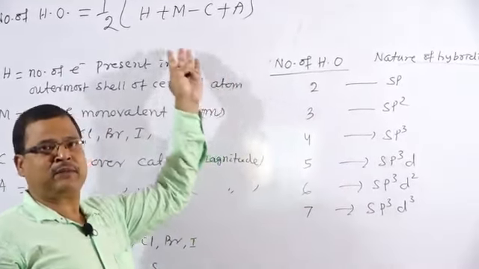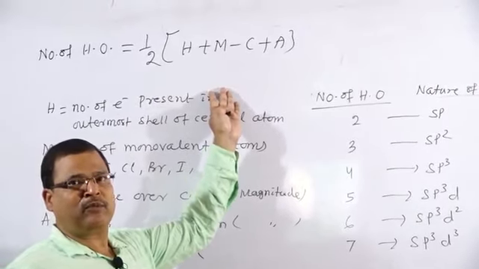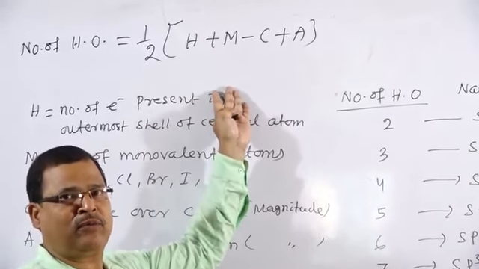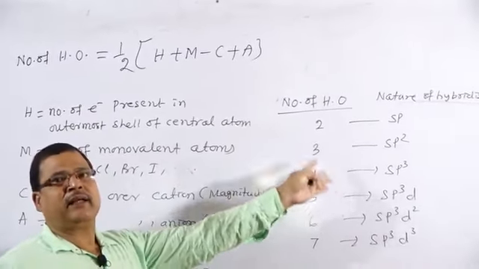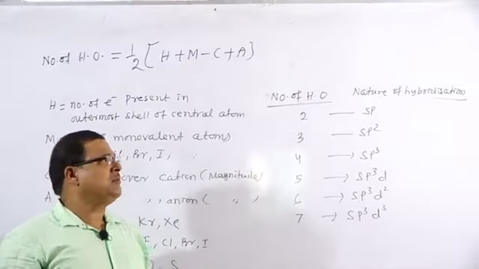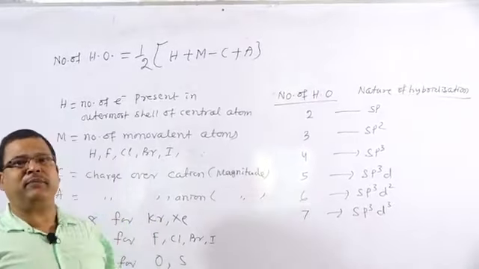So we apply this formula to the xenon fluoride and xenon oxide compounds. Then we determine the nature of hybridization and their respective structures by the application of the VSEPR theory, valence shell electron pair repulsion theory.